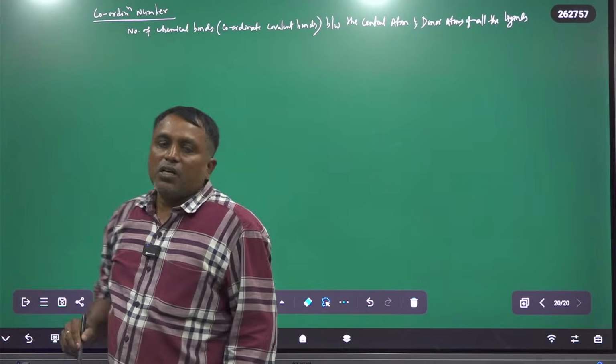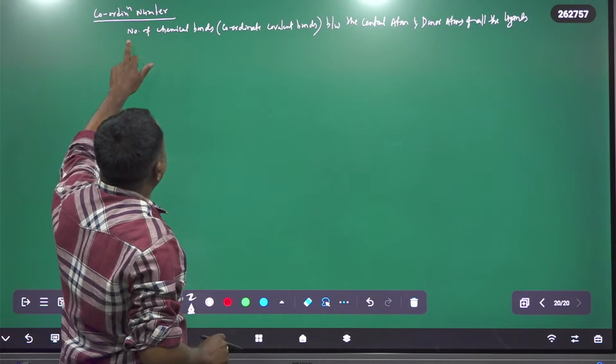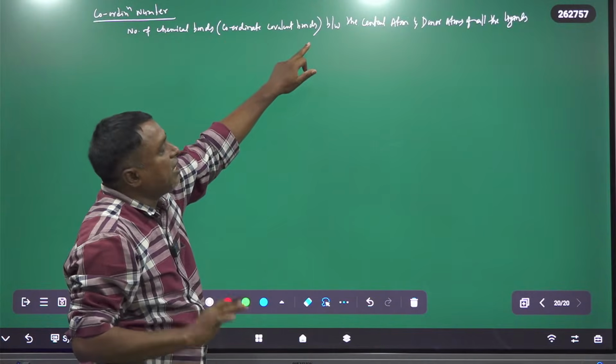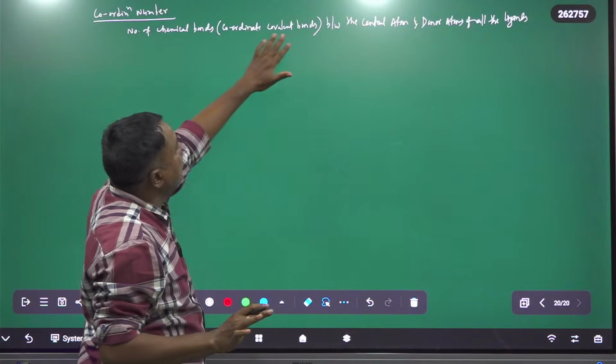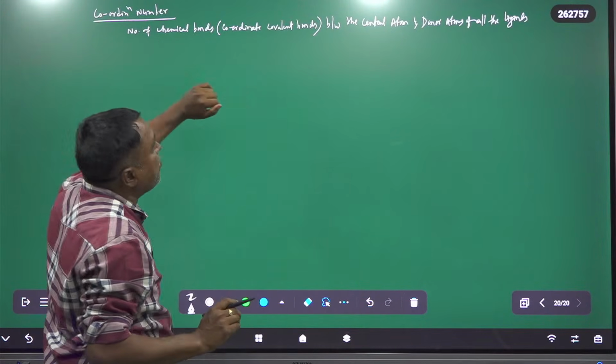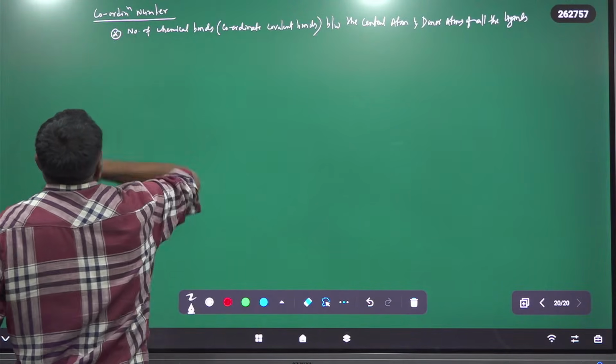Coordination number is the number of chemical bonds between the central atom and donor atoms of all the ligands.